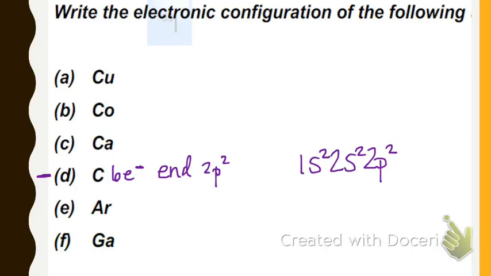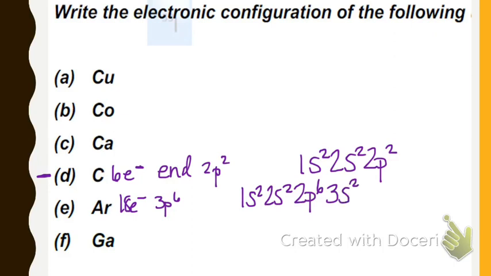If I was going to do argon, I would say argon has 18 electrons. It ends in 3p6. So I'm going to start at the beginning and say 1s2, 2s2. After that comes 2p, and I fill those up, 2p6. Then 3s2, and then 3p6.